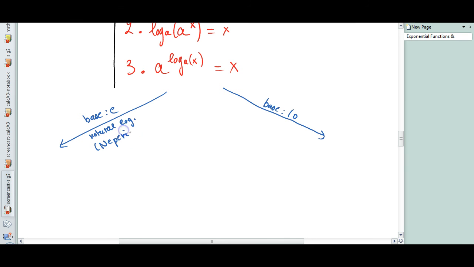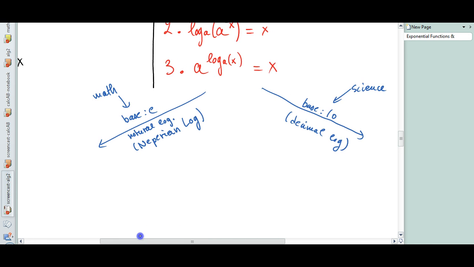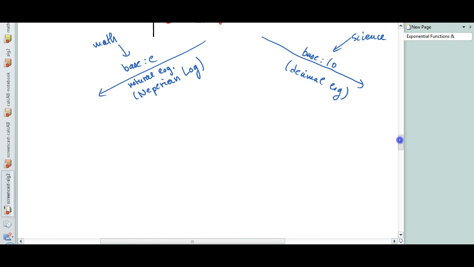I'm not sure how to spell Neperian, maybe with an a. It's from the dude who studied log. And base 10 is called the decimal log, very common in science, so this is usually for science. Well, the natural log is for math, and actually, if you're in math, you always deal with a base e. There are some reasons for that, but I'm not going to go over that right now.